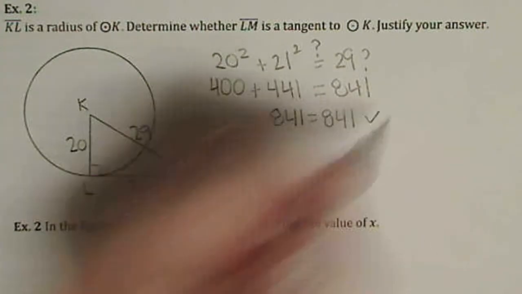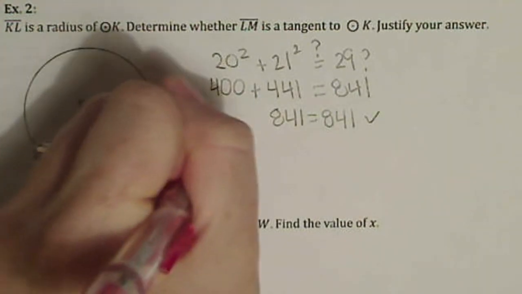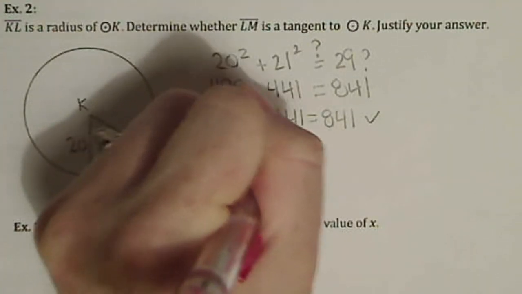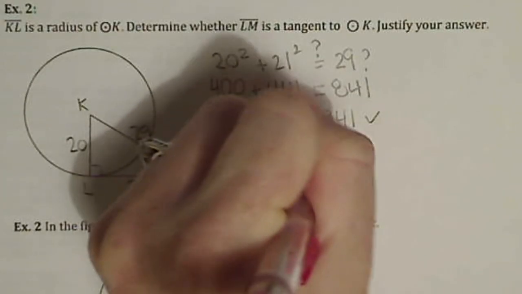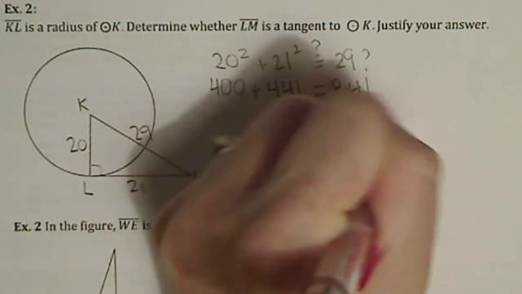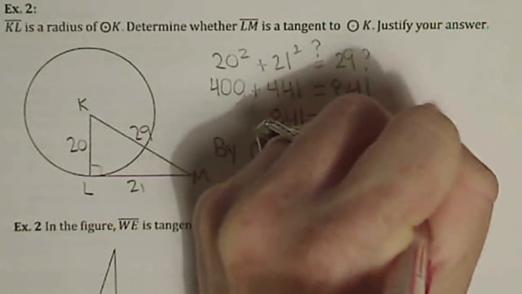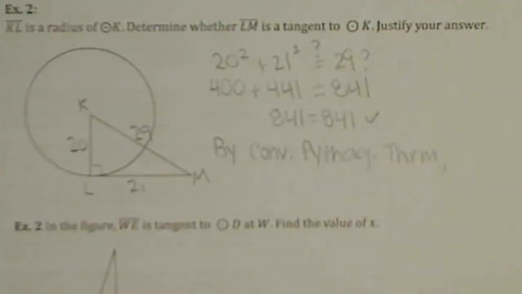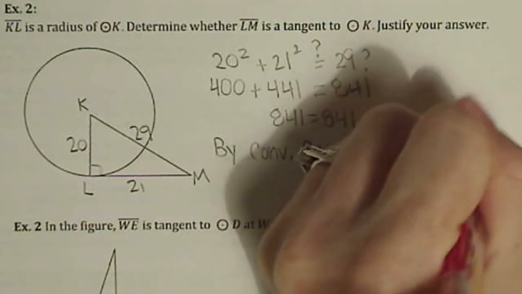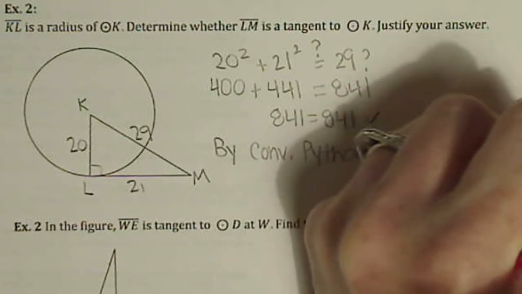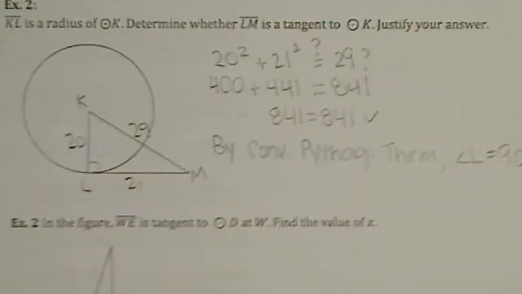Yes, it does. So, by converse of the Pythagorean theorem, that means angle L is 90 degrees. Okay?